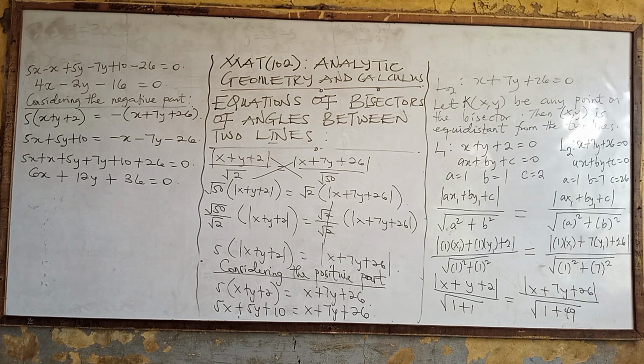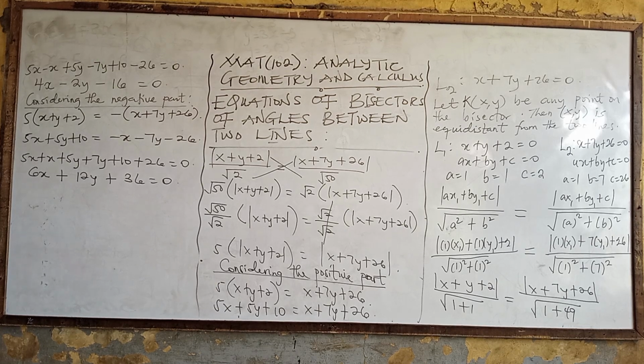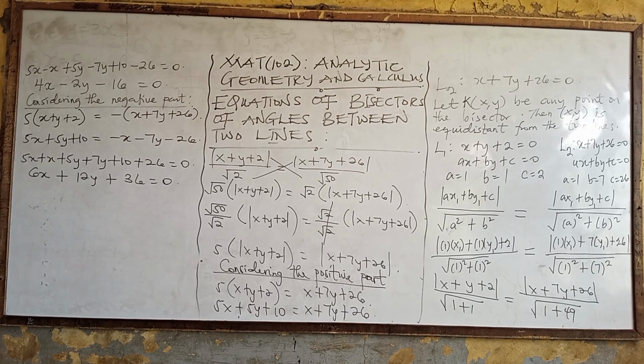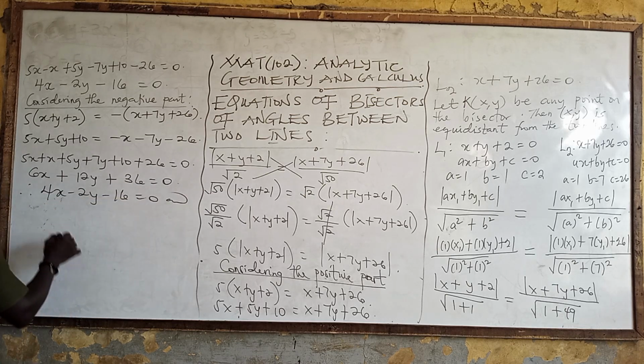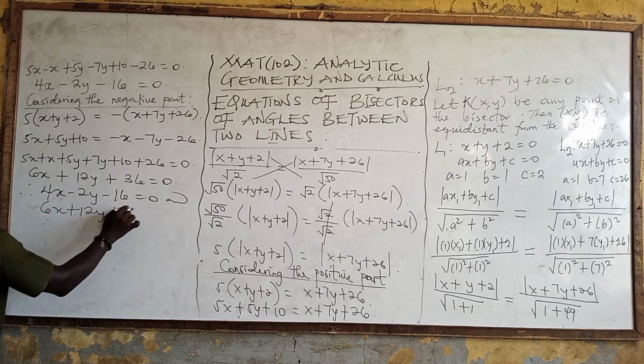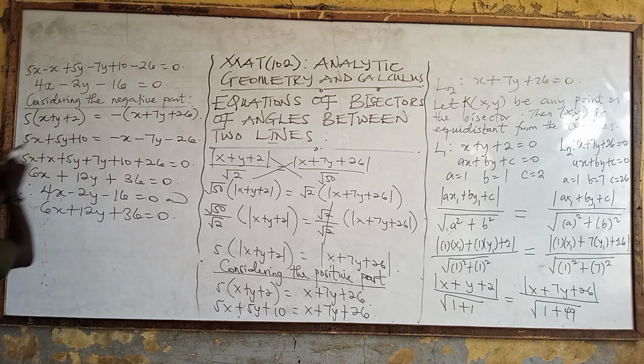So they said we should find the equation of the lines which bisect the angles. So hence, the equations of the lines which bisect the two lines are 4x minus 2y minus 16 equals 0 and 6x plus 12y plus 36 equals 0.